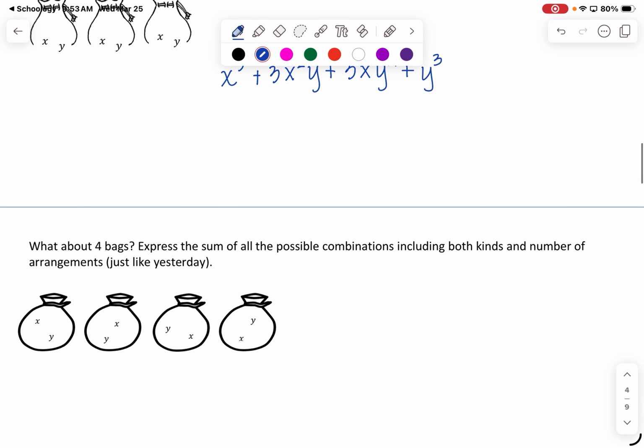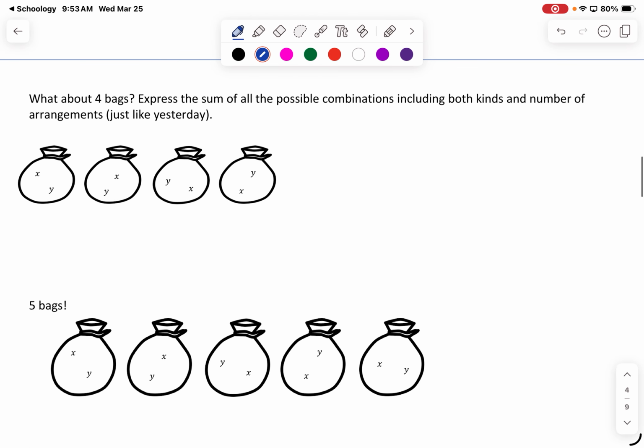Okay, and what about 4 bags? So for 4 bags, there was 1 way of getting x 4 times. There were 4 ways of getting x 3 times and a y. There were 6 ways of getting 2 x's and 2 y's, or x squared, y squared.